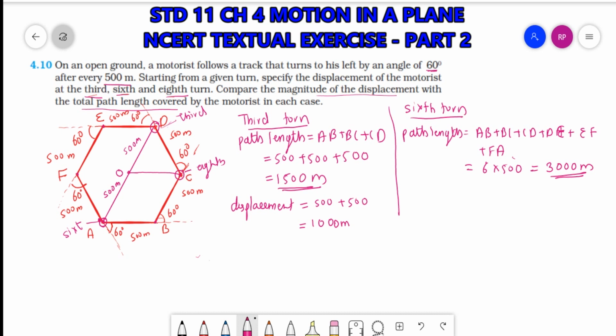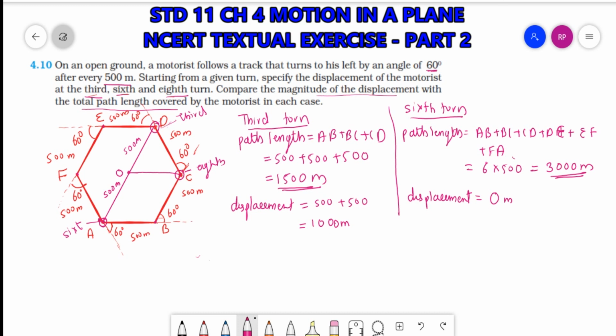Okay, and the displacement, you can clearly see that it came back to its original position. So the displacement is 0 meter. Okay, now let's see for the eighth turn.